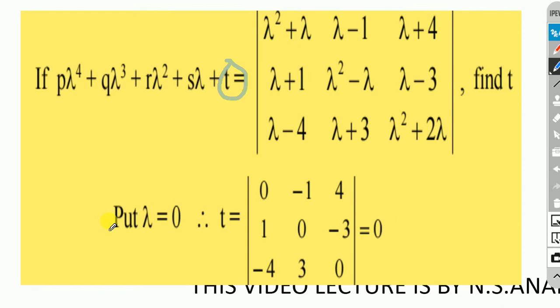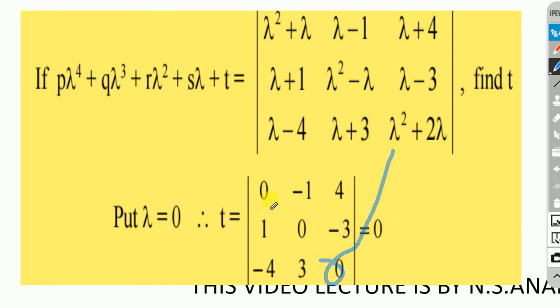So what I need to do is put lambda equal to 0 in this given determinant to find the constant, that is, to find T. This type of shortcut we have seen, and we have solved many questions like this. When you put lambda equals 0, the first term is 0 here, here it is minus 1, and here I have 4, I have 1, and this is 0 again, and minus 3, minus 4 here, 3, and this is again 0.